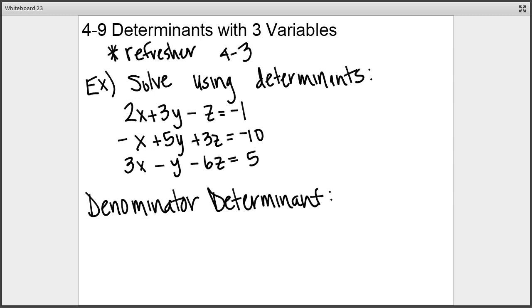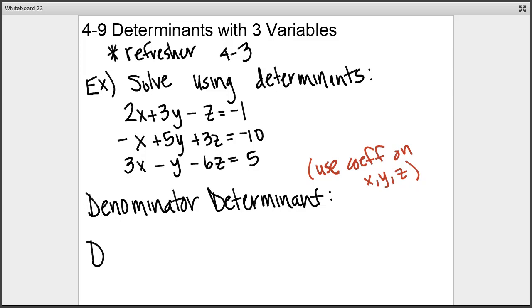And if you remember from section 3, to find the denominator determinant, you use the coefficients on x, y, and z. Before you only used the coefficients on x and y. Now we've got this third variable and a third equation, so we're going to be using all of the coefficients on the left side of the equal sign.